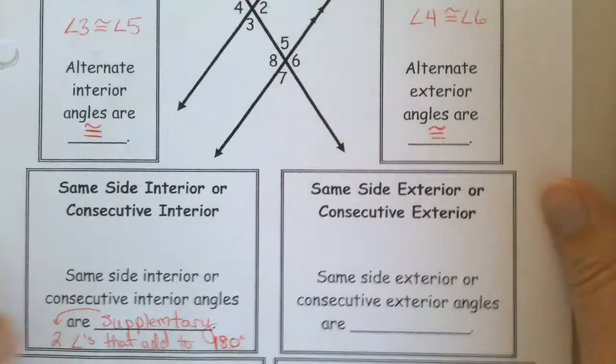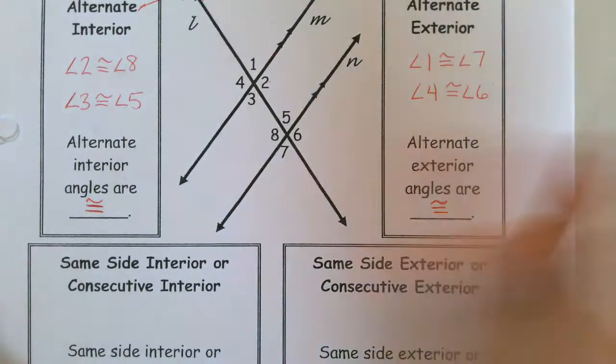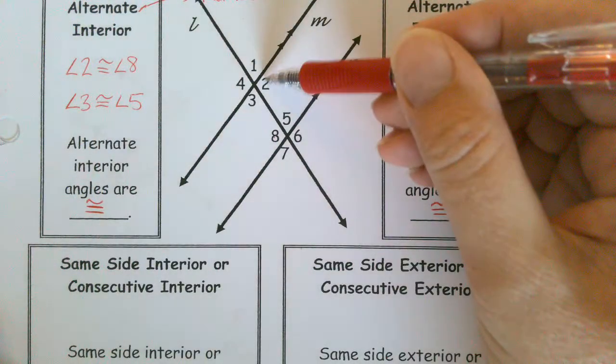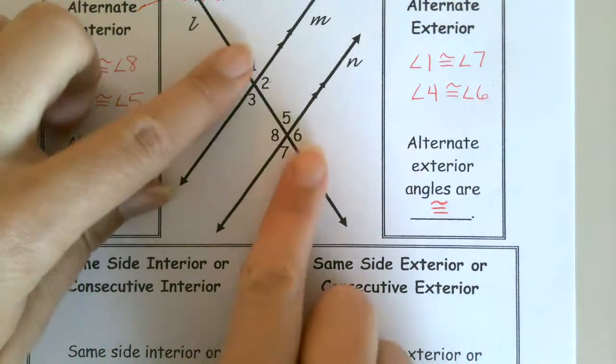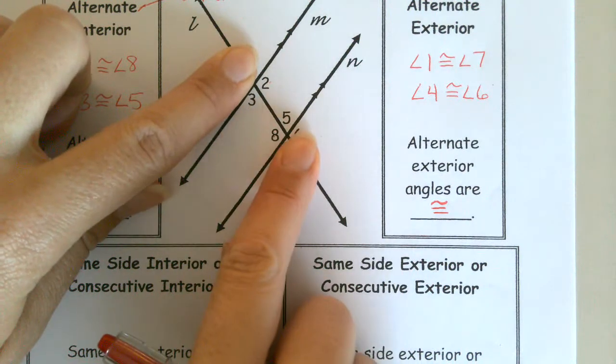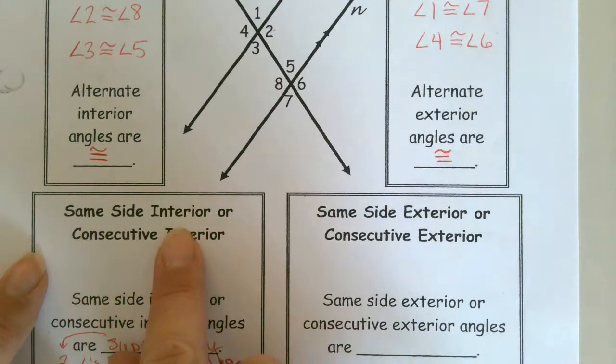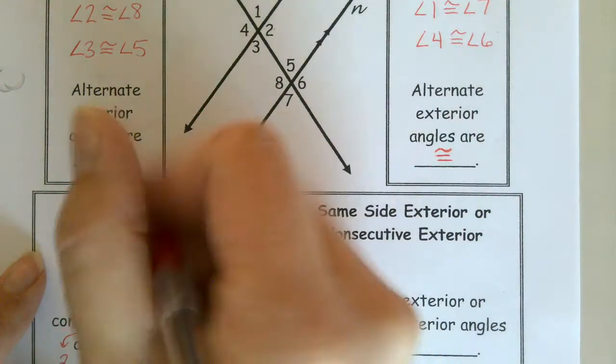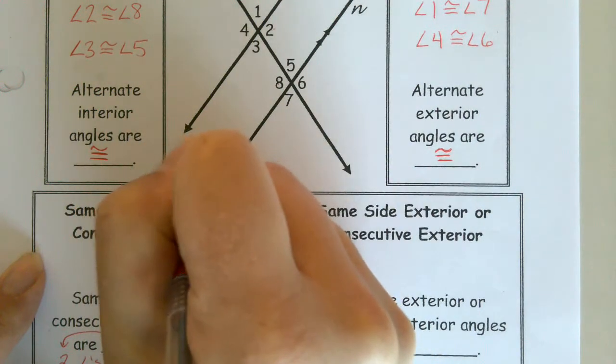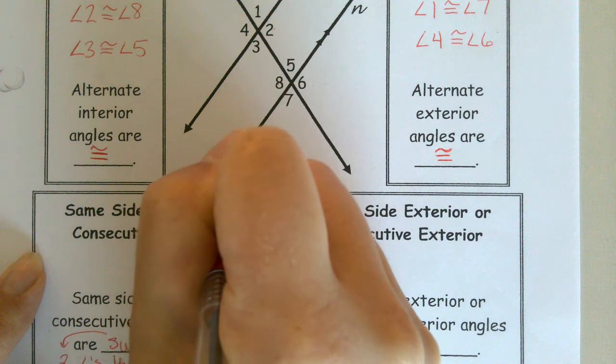Okay, so if you look at this, we just talked about alternate interior, where they alternate in their inside. So now we're talking about same side interior, same side of transversal. That's what we're talking about.